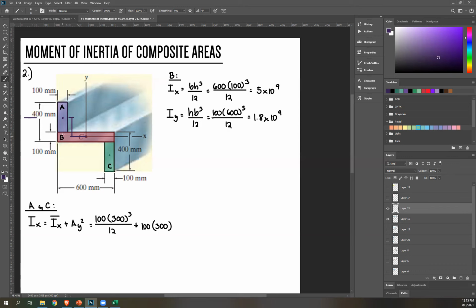So 400 minus 50, and then minus this, which is, again, half the height of block A. Block A is 300, so half of that is 150. So 400 minus 50 minus 150, that's 200. Okay, that's why distance of centroid of A from x-axis is 200 squared. Please solve. What's the answer?